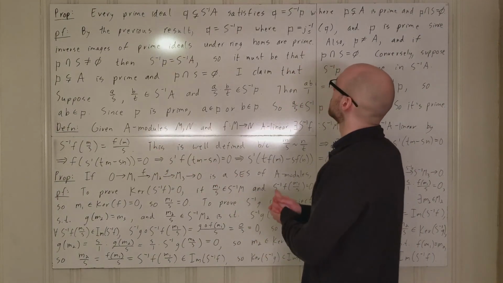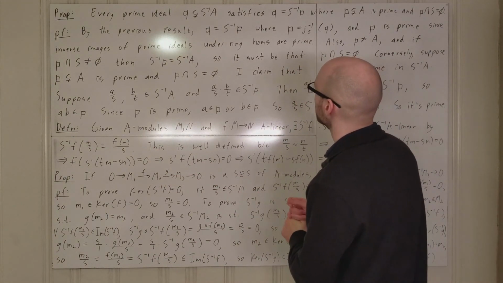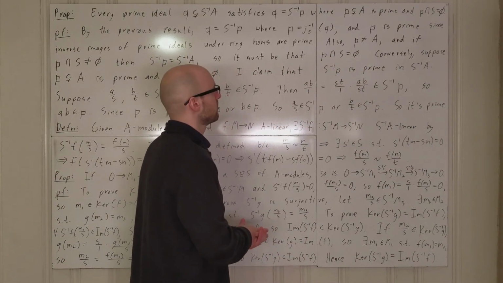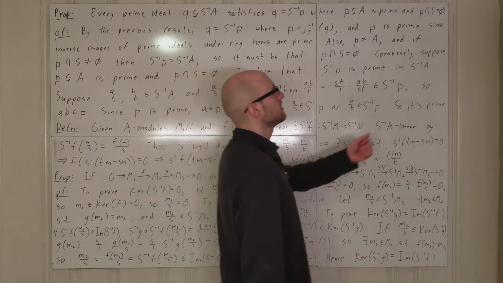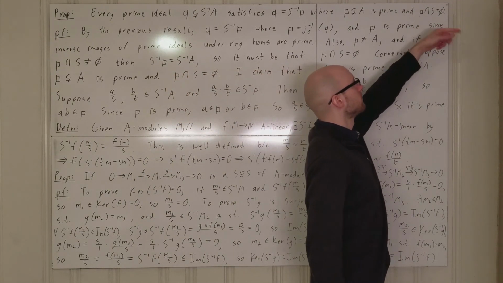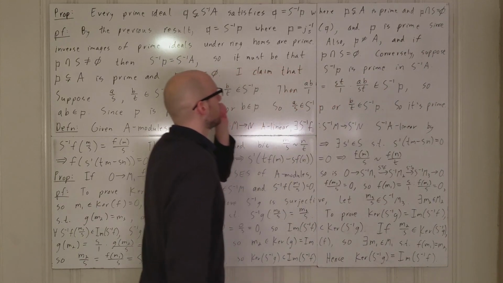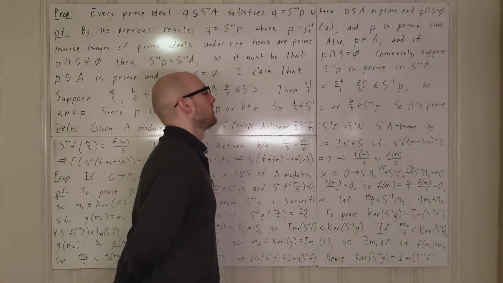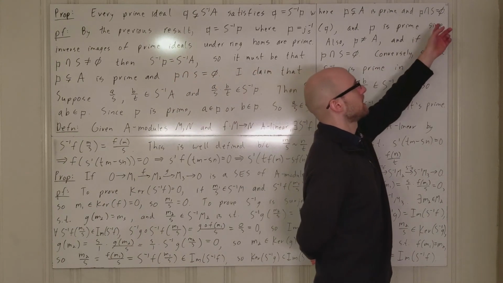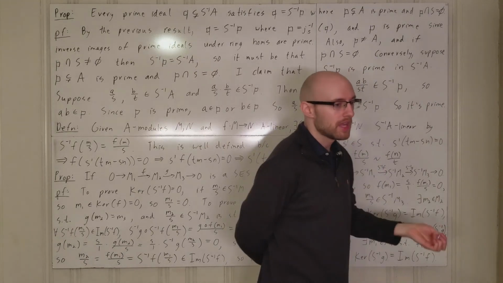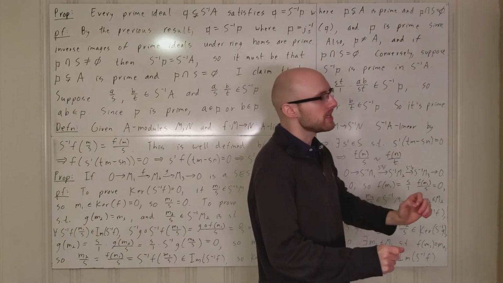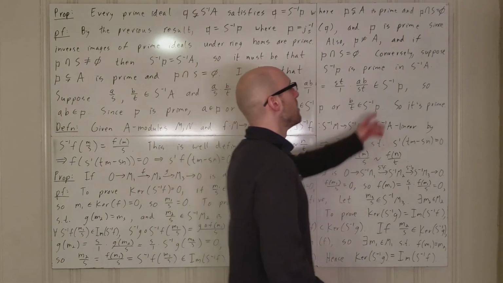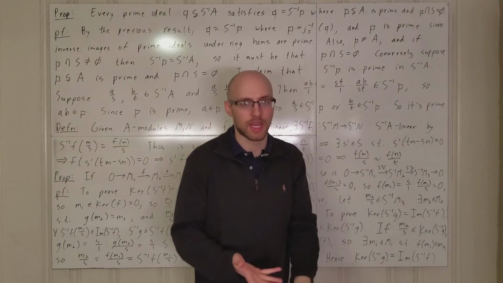And that's because, remember we proved something about that last time. Well actually, I guess this statement here, P intersect S is empty, is a little bit superfluous, because, well, no, it's not, because if P intersect S is non-empty, then S inverse P is all of S inverse A, because it has an inverse, and the inverse is given by, whatever's in here, you just take 1 over that thing.